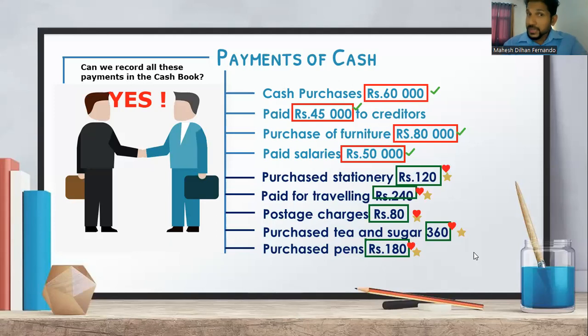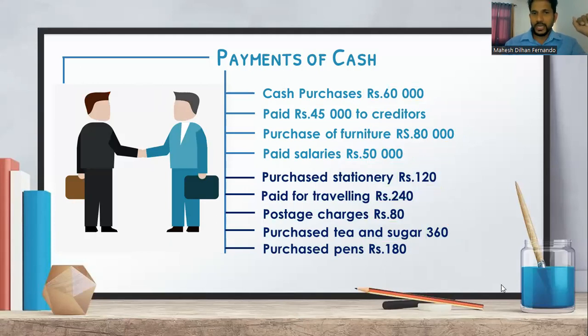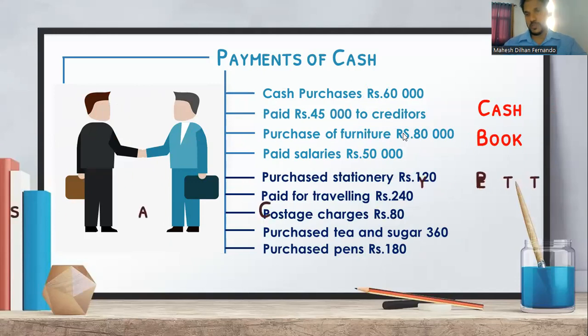But when you record everything in there, the cash book becomes complicated. To remove that difficulty, we record the small payments separately. And this is what I need to tell you today. That is, the big payments are recorded in the cash book, while the small size payments are recorded in the petty cash book.